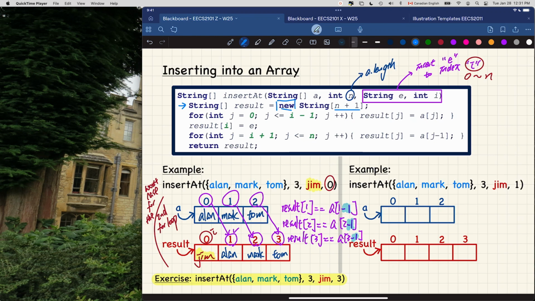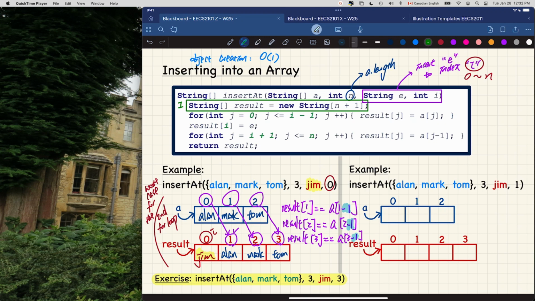So object creation is a constant time operation. So this one here, I'm just going to say 1. It's a cheap operation.